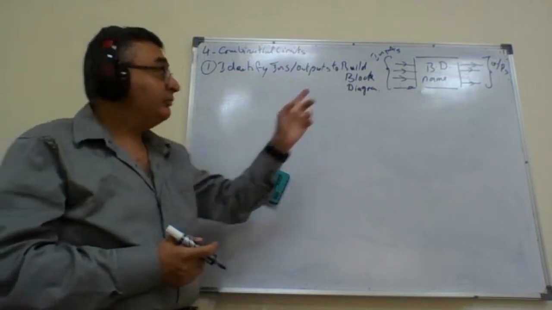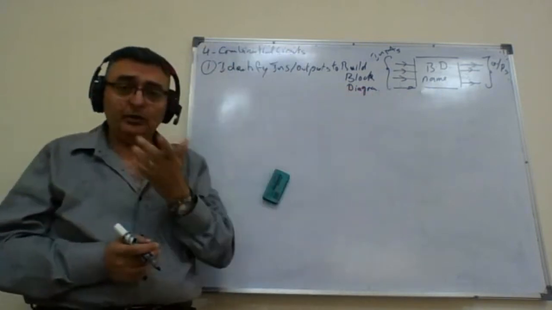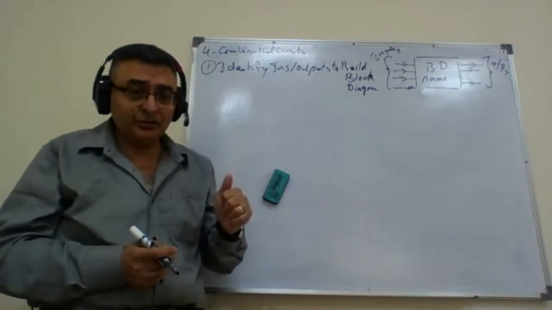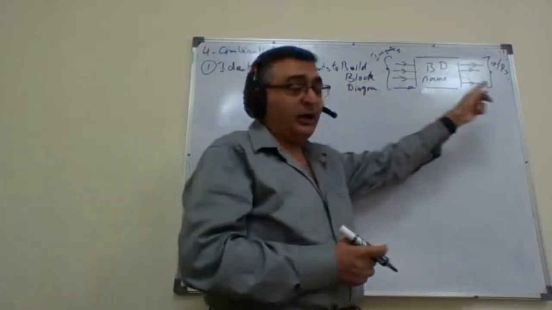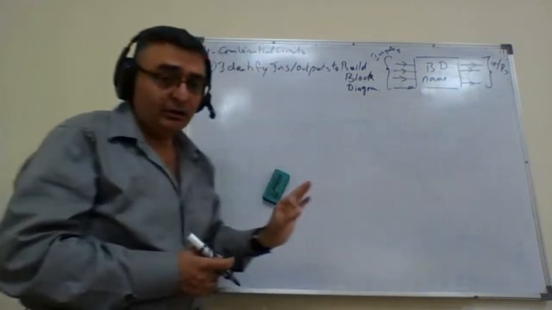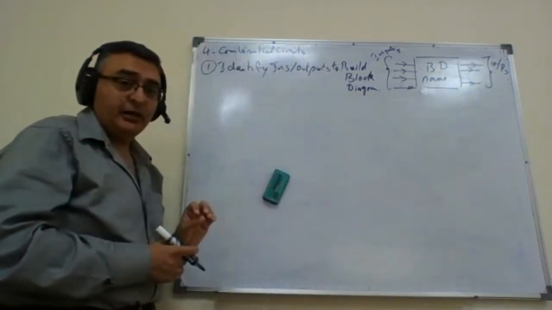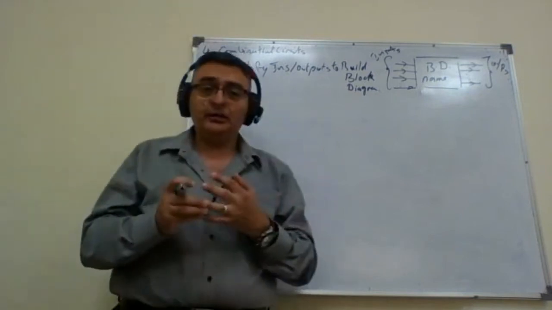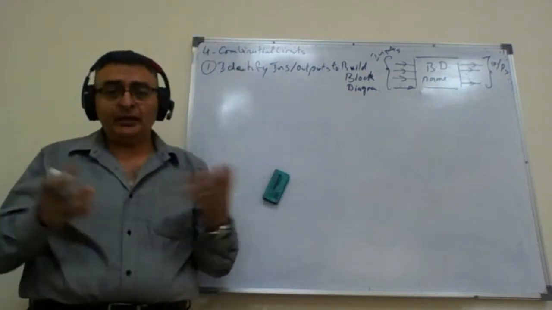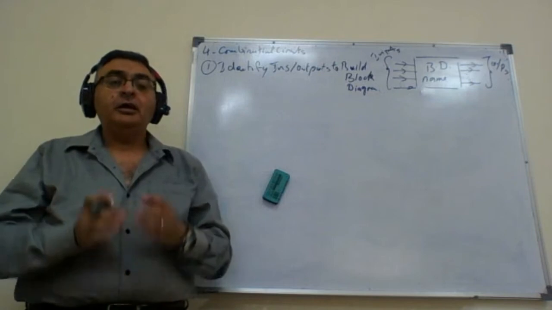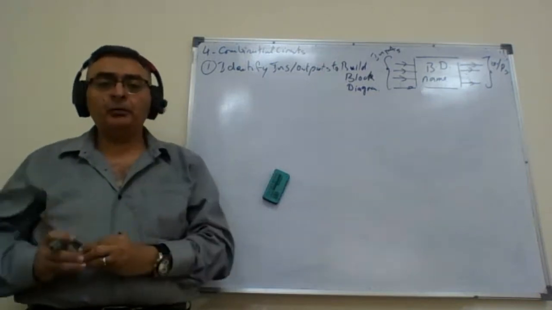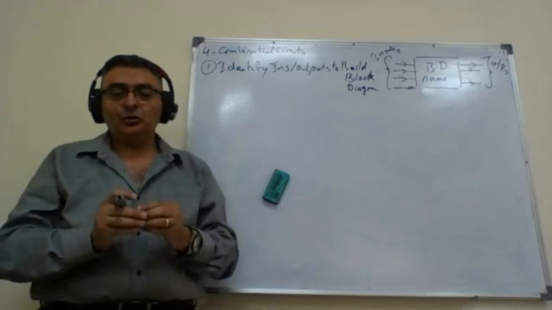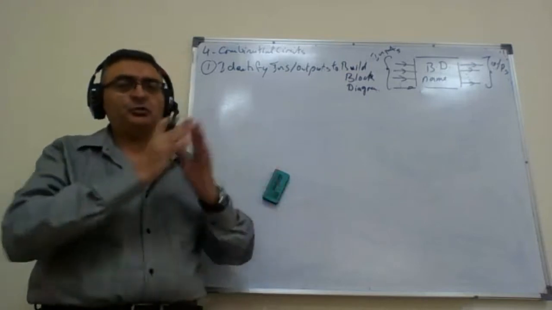How can I identify whether the problem is solvable by DLD or not? It depends on the inputs and outputs. If the inputs are binary and the outputs are binary, that means I have a binary problem. As long as I have a binary problem, digital logic design has a solution for it. So DLD can help me solve the problem.